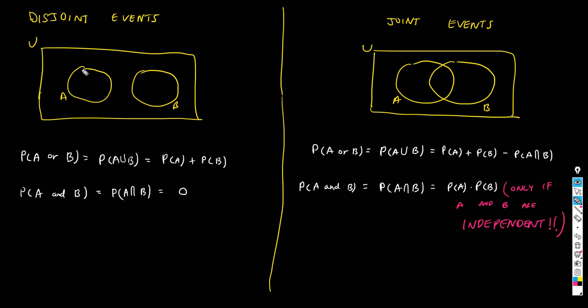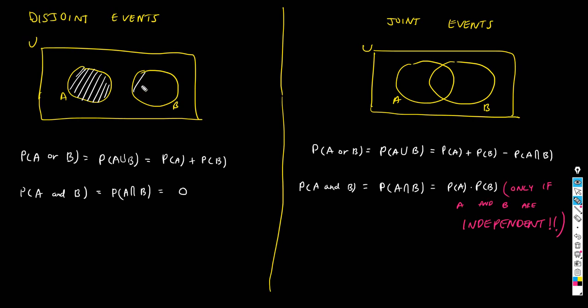Remember, guys, in a Venn diagram like this, what does the area of this event represent? It represents the probability, right? The area for this shape represents its probability.